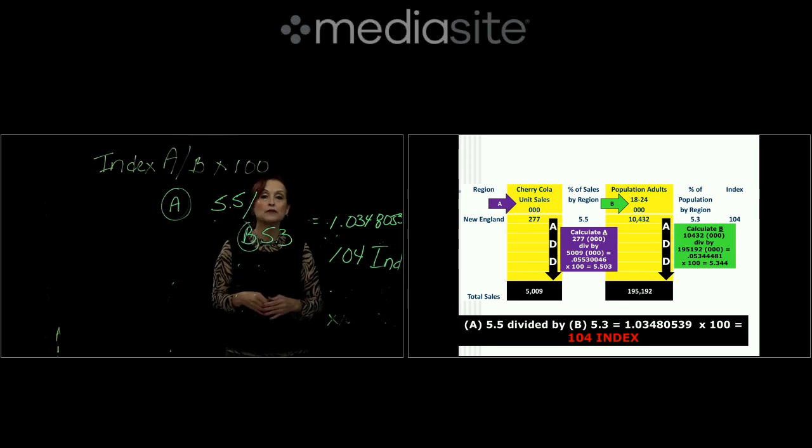See if you can answer these questions. Determine which is the best sales region for cherry Coke, which is the worst sales region for cherry Coke, according to the index. Which region would you select if you're following a defensive approach? Which region would you select if you're following an offensive approach?